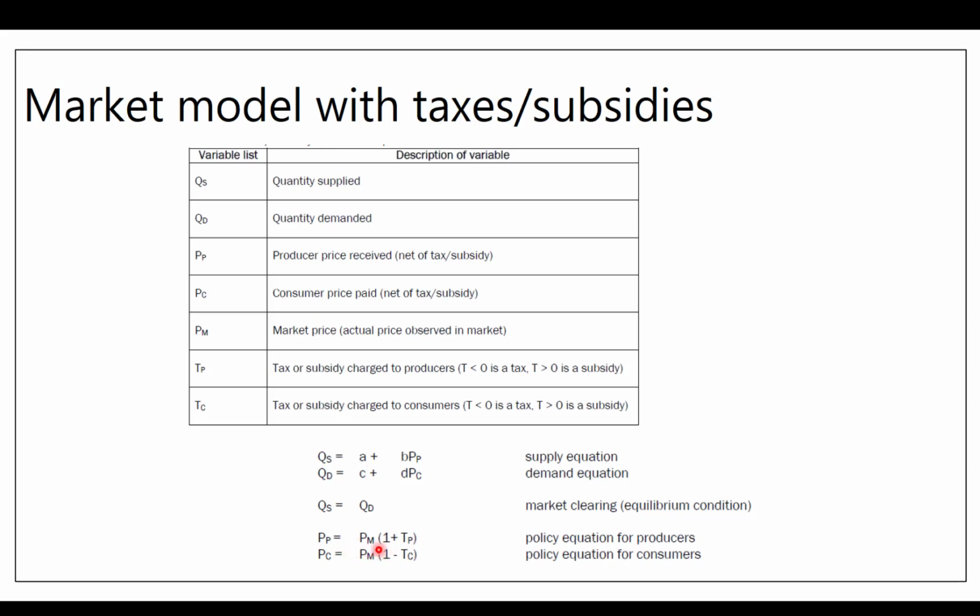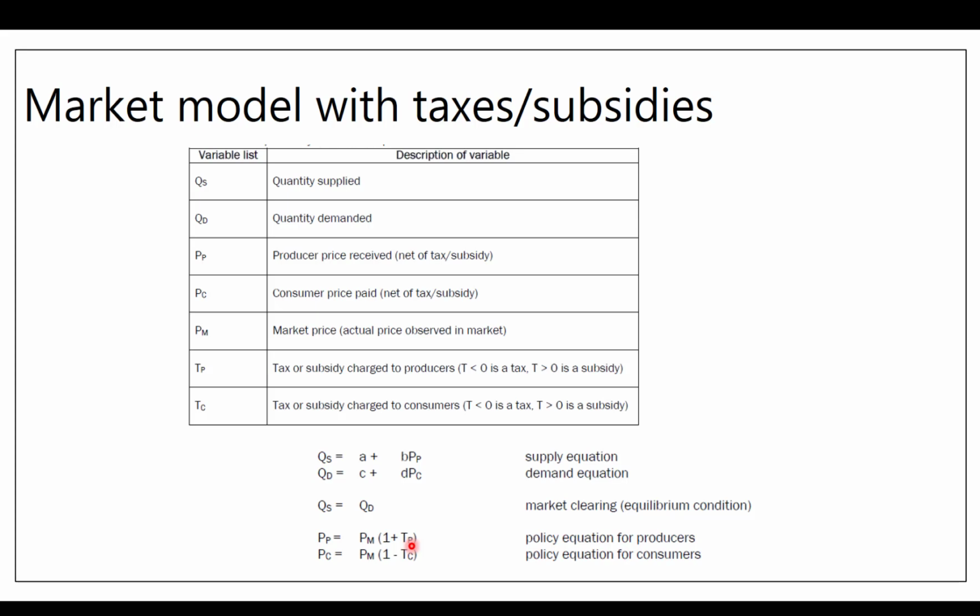These linking equations are not going to be the price plus some wedge or some tax amount. They're going to be the price multiplied by 1 plus a tax rate. And so it's a different kind of tax. It's called an ad valorem tax, and it basically works as a percentage.